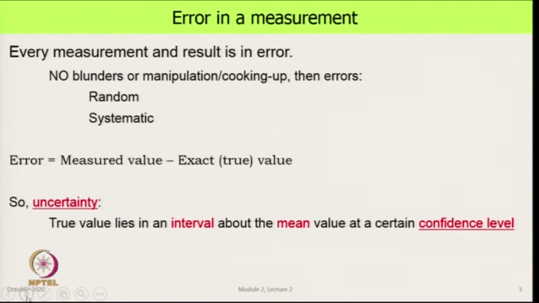And we say now that if there are no blunders or manipulation or cooking up of data, then the errors that come into a measurement are of two types. One is an error which is random in nature, the other is what we call a systematic error.